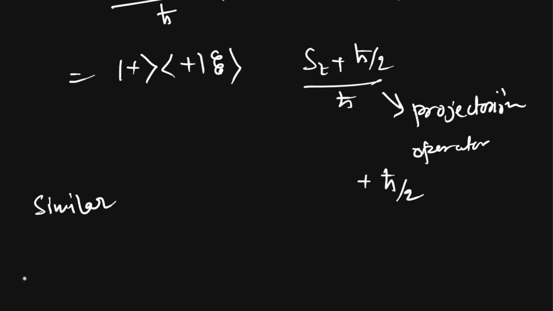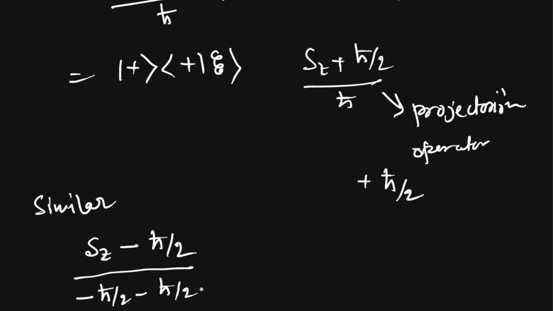Similarly, for the state corresponding to minus h cut by 2, the operator will be (Sz - h cut by 2) over (minus h cut by 2 minus h cut by 2), that is (Sz - h cut by 2) over minus h cut.